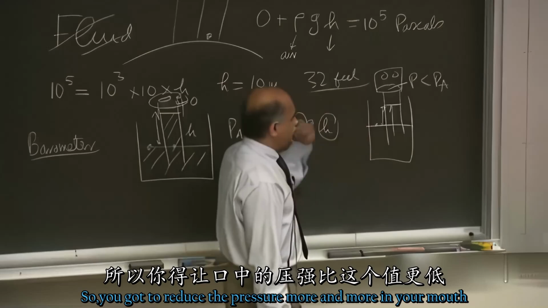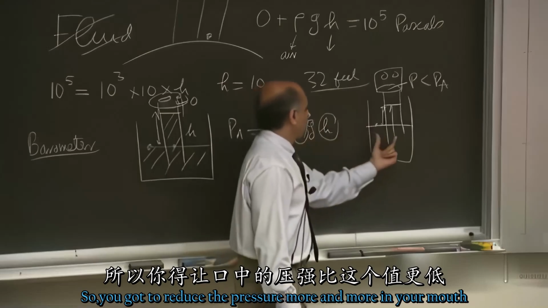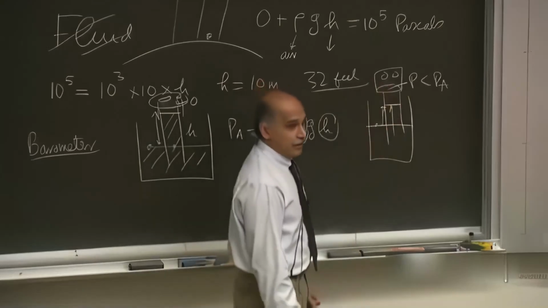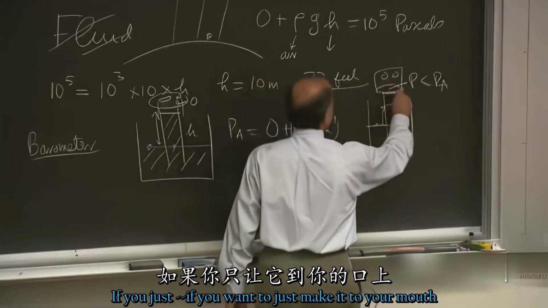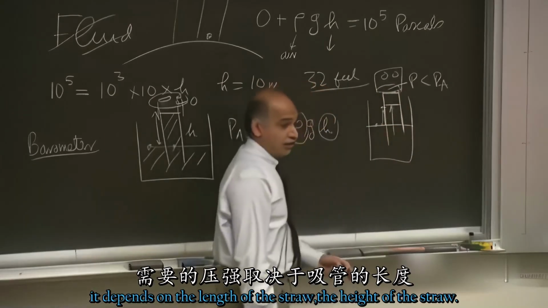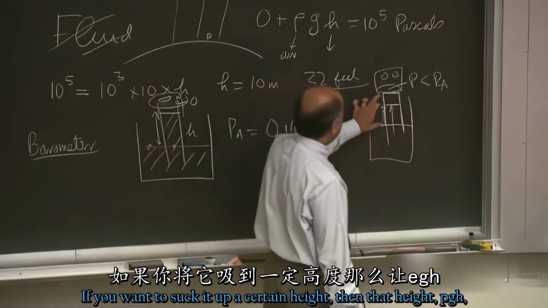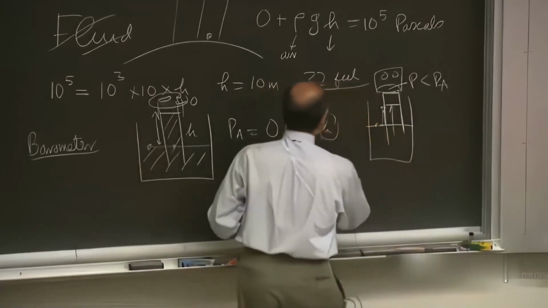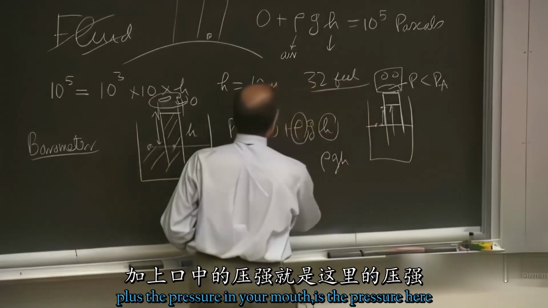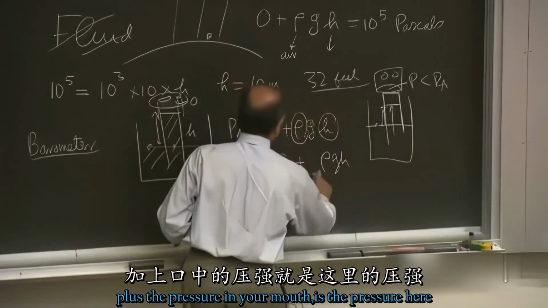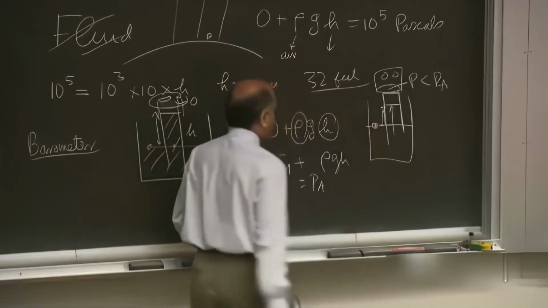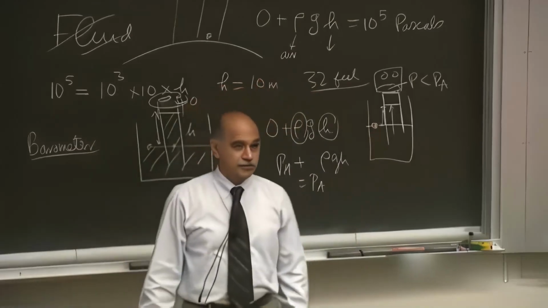So you have to reduce the pressure more and more in your mouth till this fluid can climb up. If you want to just make it to your mouth, it depends on the length and height of the straw. If you want to suck it up to a certain height, then that rho gh, plus the pressure in your mouth, is the pressure here, and that's the atmospheric pressure.